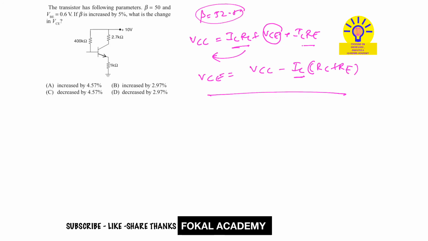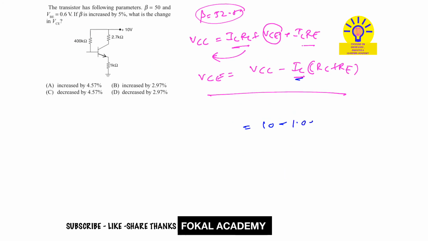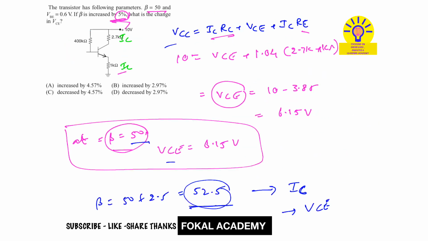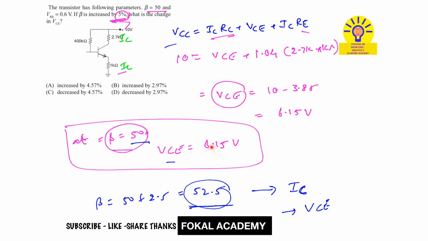Now substitute here: 10 volts minus 1.09 milliamperes into RC of 2.7 kilo ohms plus RE of 1 kilo ohm. From this we get VCE equal to 5.967 volts. This is for beta equal to 52.5. For beta equal to 50, we got VCE as 6.15 volts.